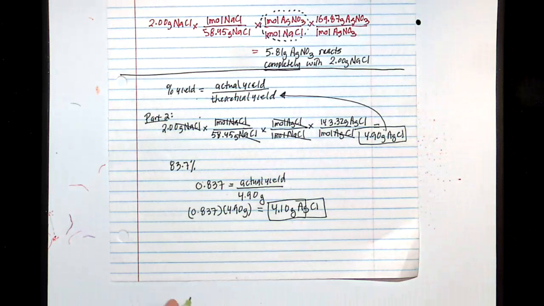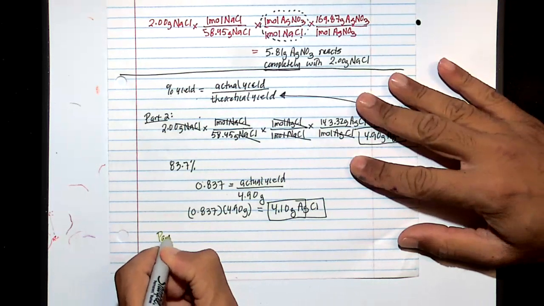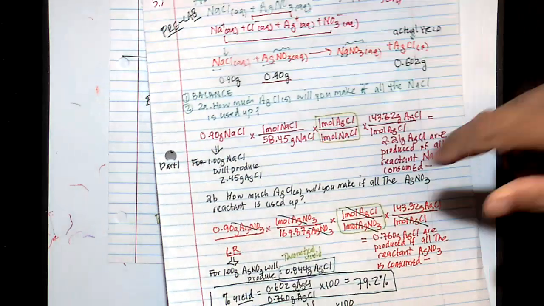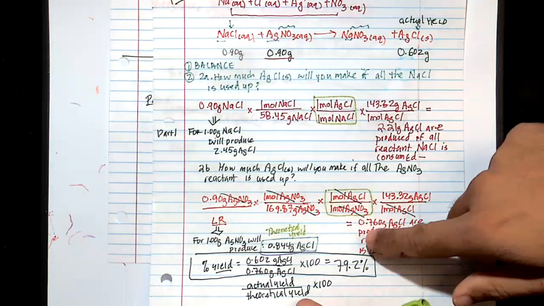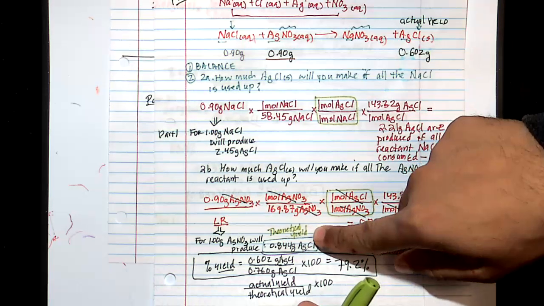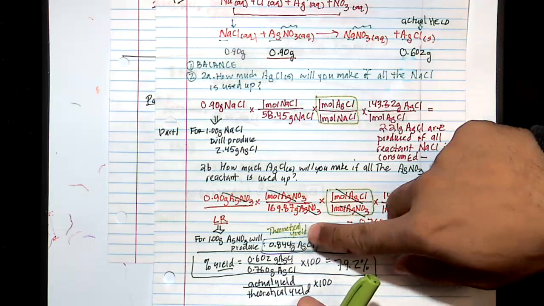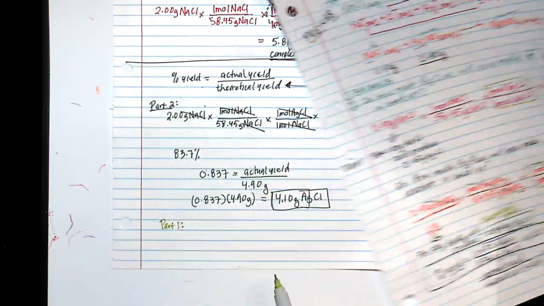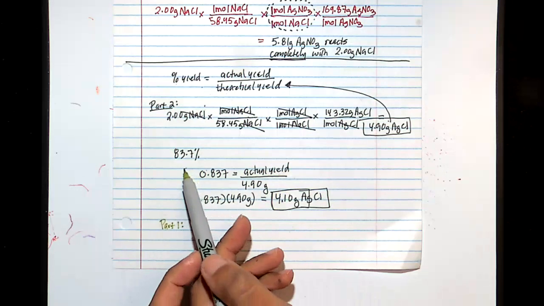So for part 1, starting out with 1 gram of this, 1 gram of that, this is the limiting. We're going to produce, in theory, if everything was perfect, 0.844 grams of AgCl. Well, everything was not perfect.